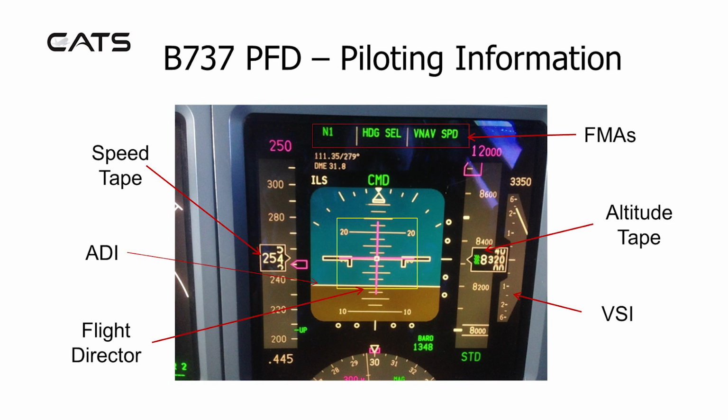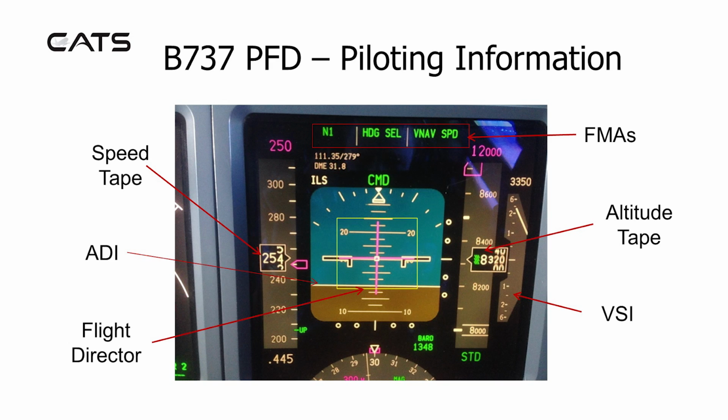Boeing 737 primary flight display piloting information. At the top are the flight mode annunciators: N1, heading select, vertical navigation speed. On the right is the altitude tape, and also further to the right the VSI.